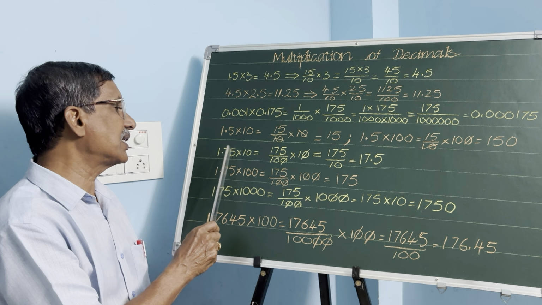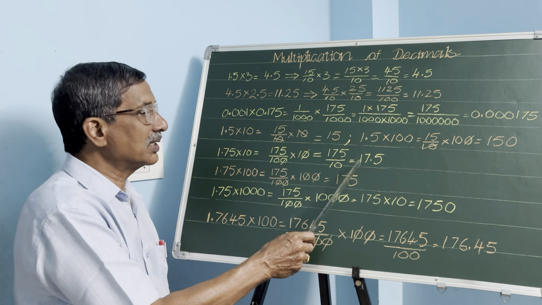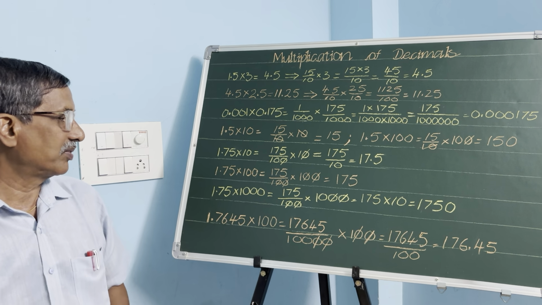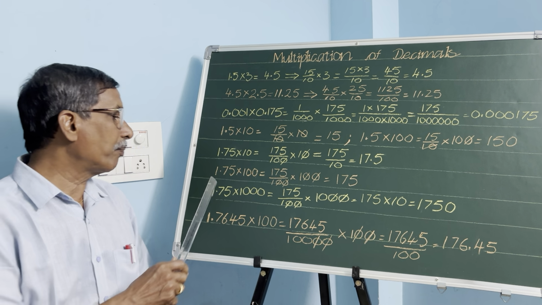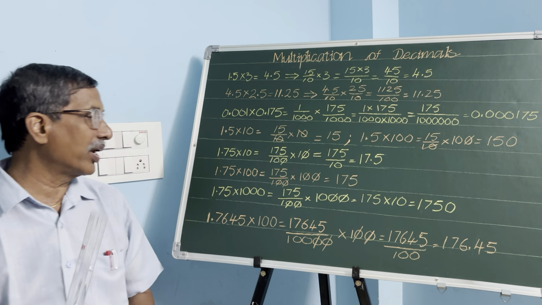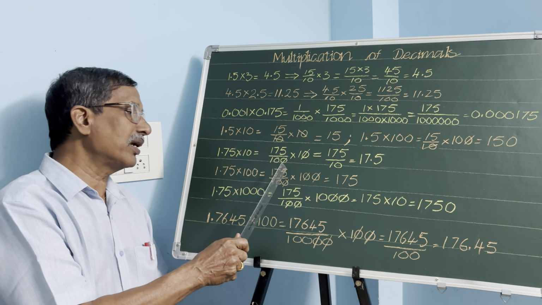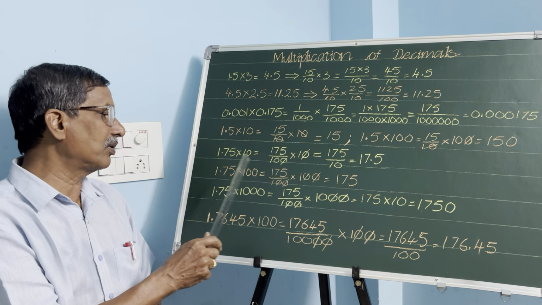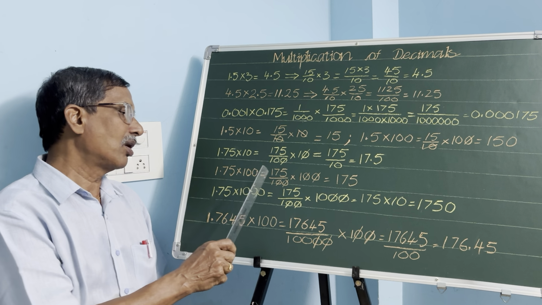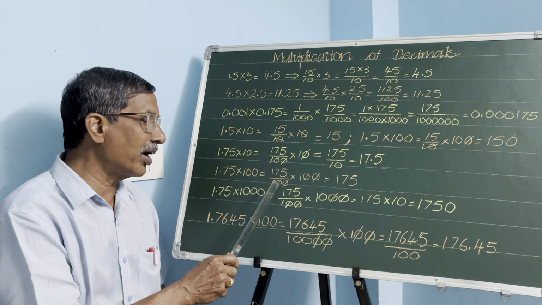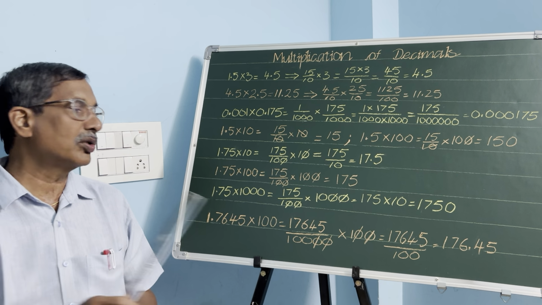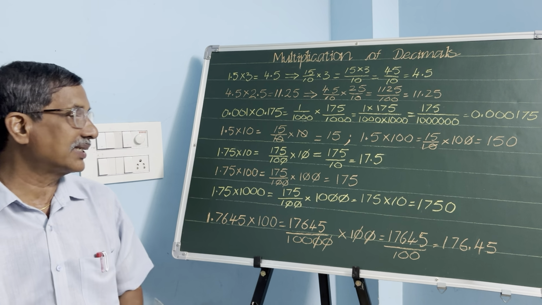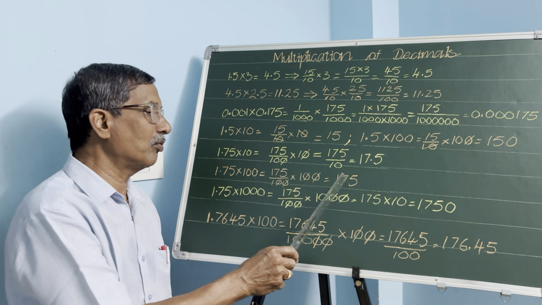So 1.75 into 10 is 17.5. See the next one, 1.75 into 100. 1.75 multiplied by 100. We know that 1.75 is the same as 175 on 100, multiplied by 100. So 100 and 100 cancel and we will get 175.